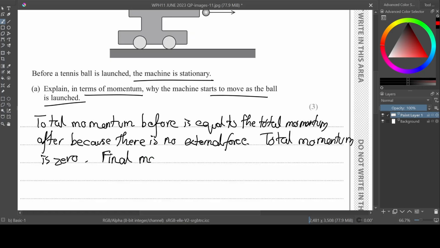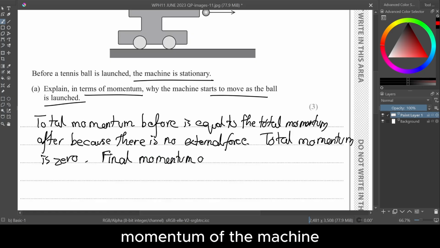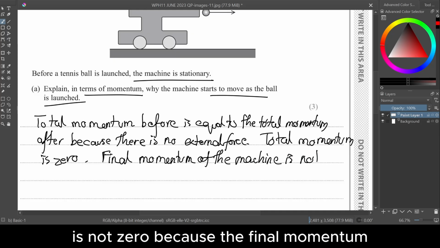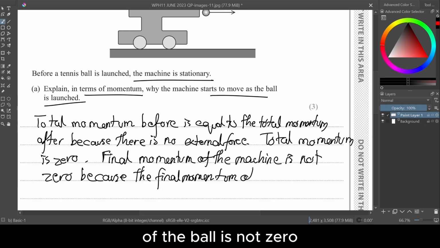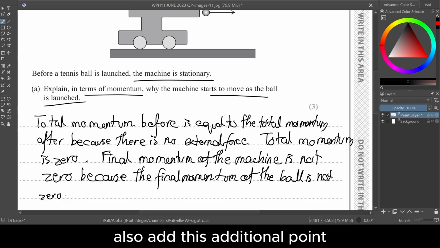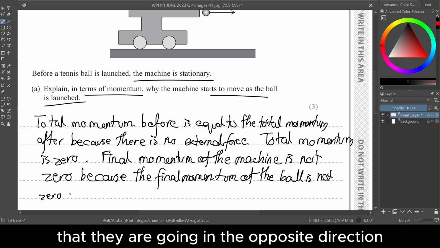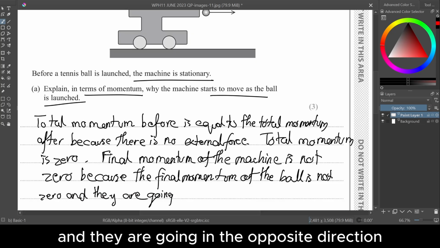Final momentum of the machine is not zero because the final momentum of the ball is not zero. Also add this additional point that they are going in the opposite direction.